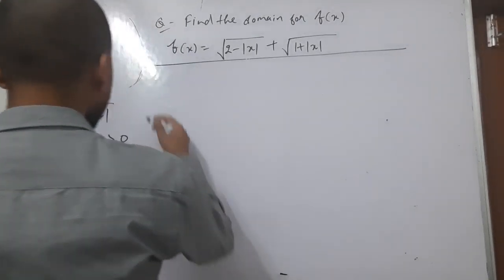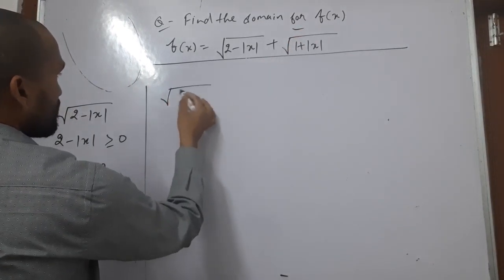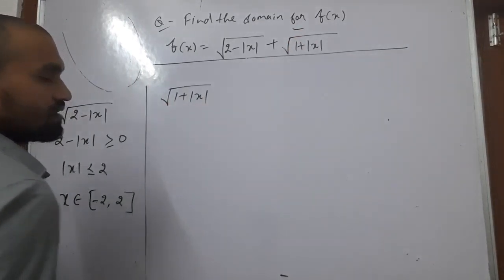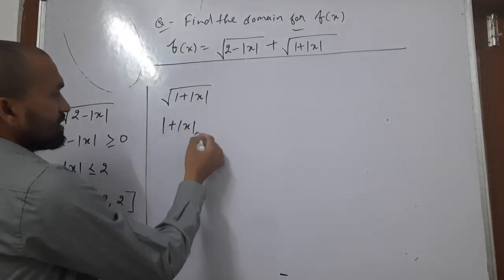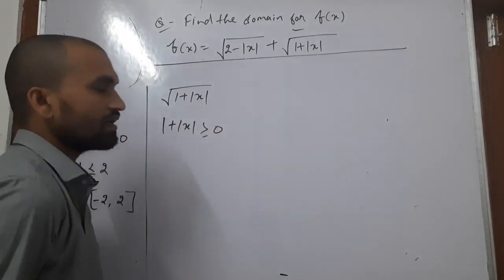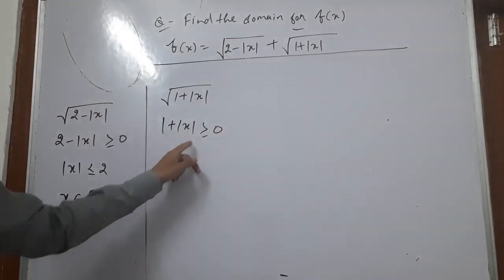Now let us take the second portion. It is square root of 1 plus mod x. Now we take 1 plus mod x greater or equal to 0. It is valid for every value of x because modulus is non-negative.